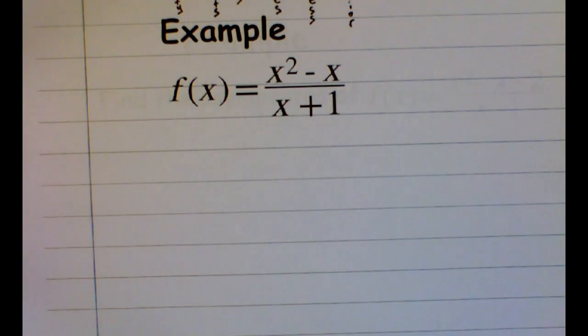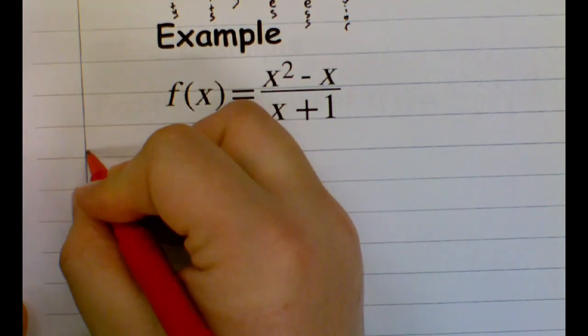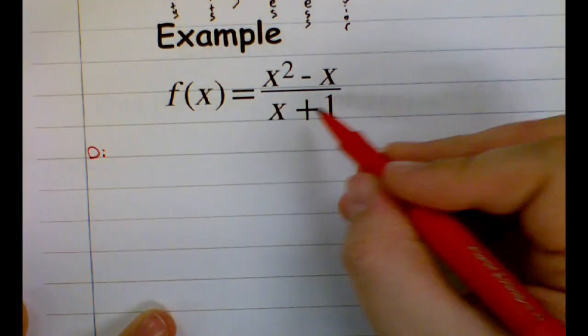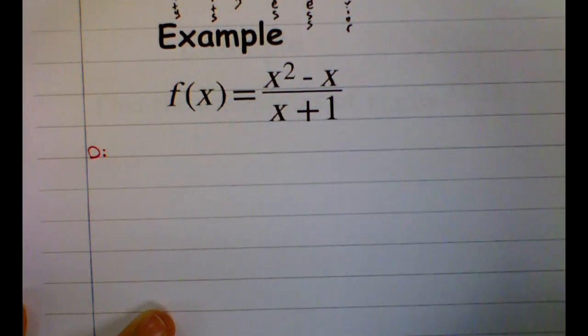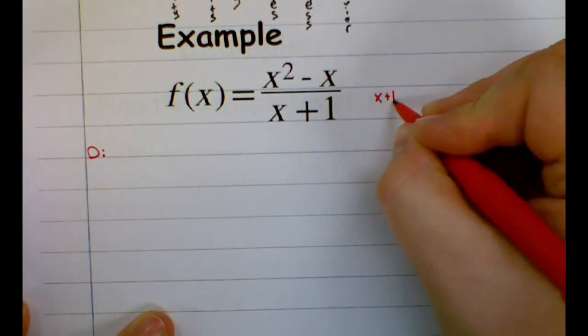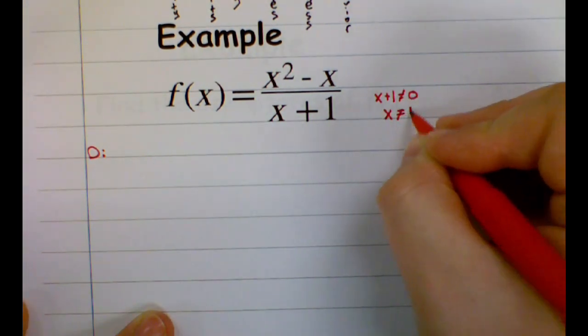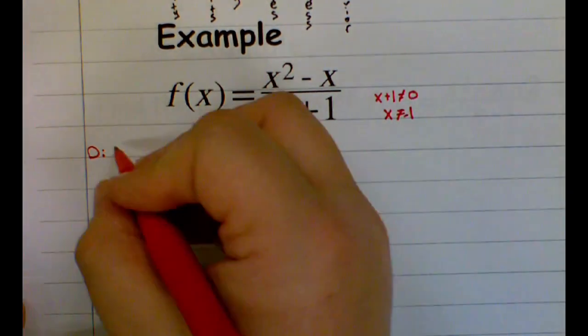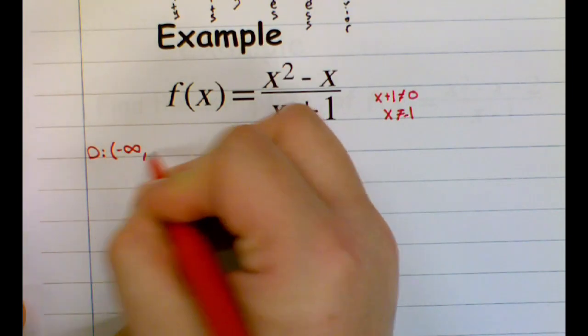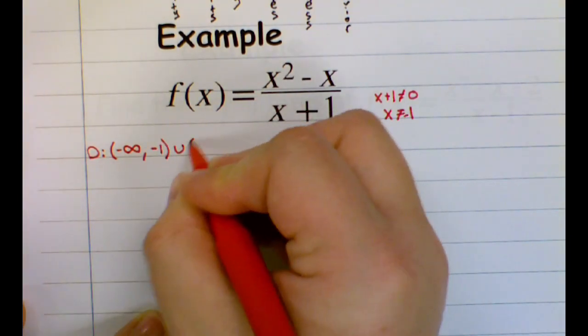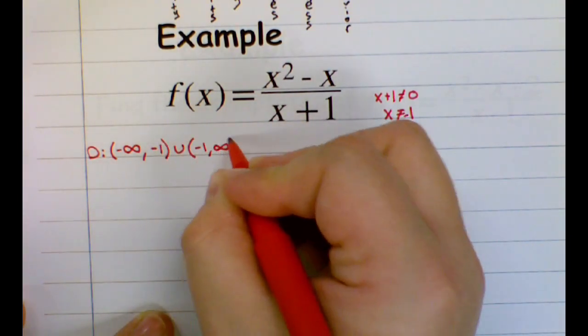So let us begin. First thing we want to do, the domain. Well, the domain is anything that can be plugged in. We cannot set the denominator equal to 0, so our x value actually cannot equal -1. So our domain is everything but -1, so it's -infinity to -1, or -1 to infinity.